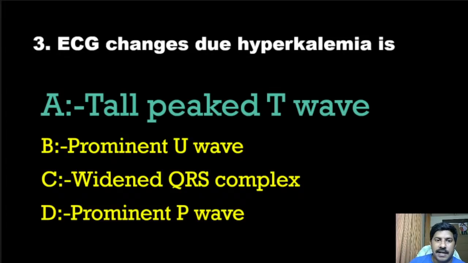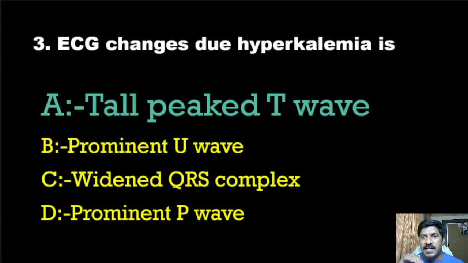At the same time, there will be inverted P wave. Inverted P wave is usually seen in the case of ectopic atrial rhythm. Ectopic atrial rhythm means the heart rhythm is initiating other than the SA node.